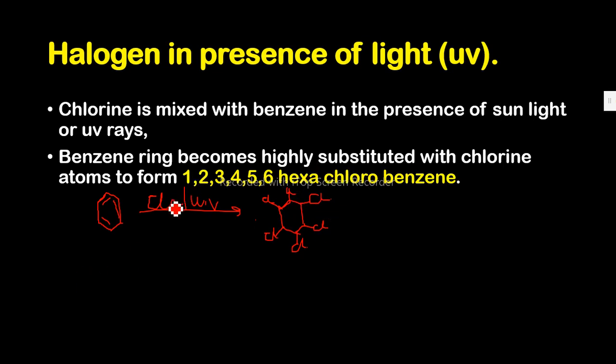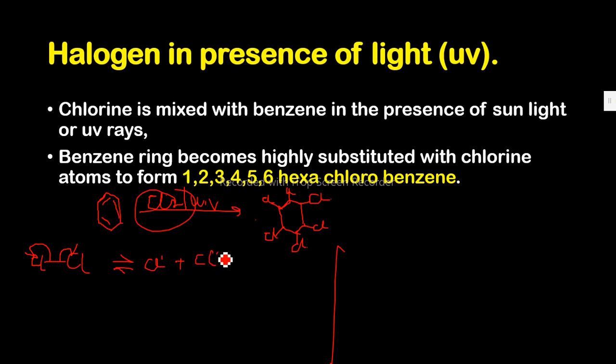So the first thing that happens is homolytic fission, where our Cl undergoes cleavage, where this will take 1 and this one also will take the remaining 1 to form the 2 chloride radicals, and another radical here.